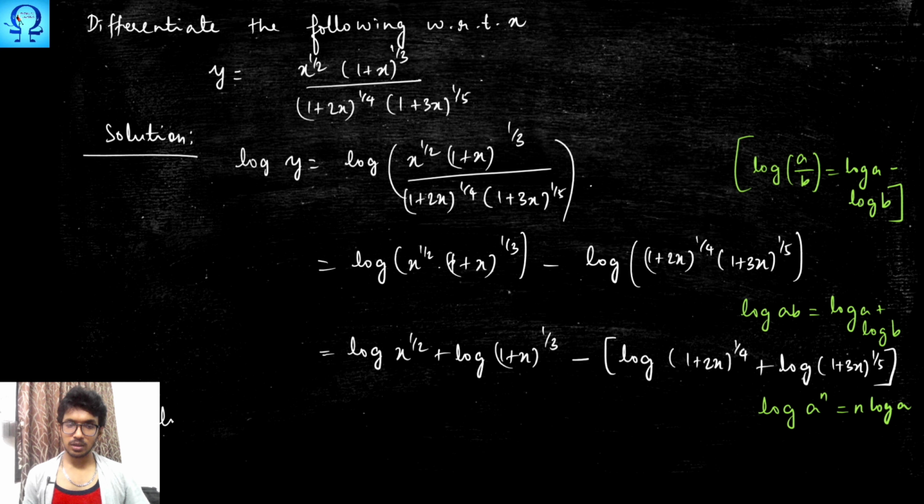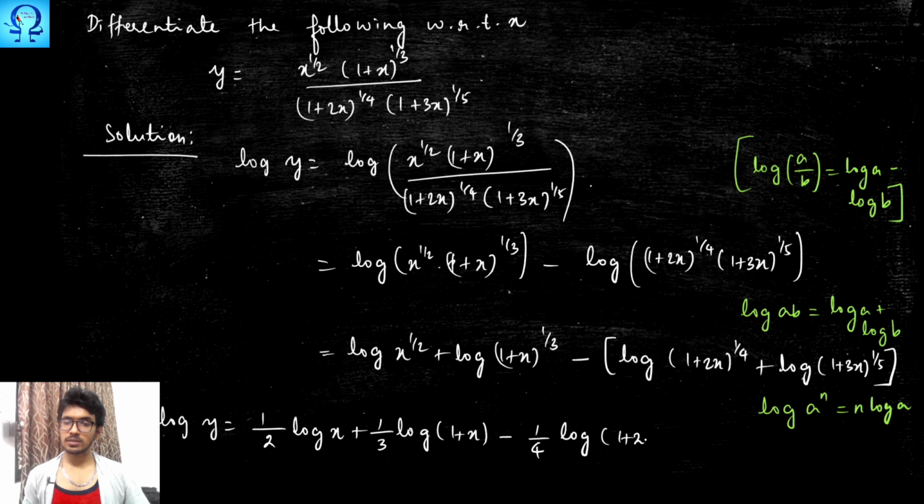You will get log y equal to half times log x plus 1/3 times log(1 plus x) minus 1/4 times log(1 plus 2x) plus 1/5 times log(1 plus 3x). Right? Now we have turned things into a simplest way.